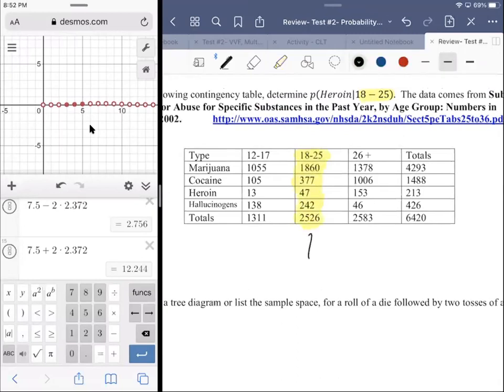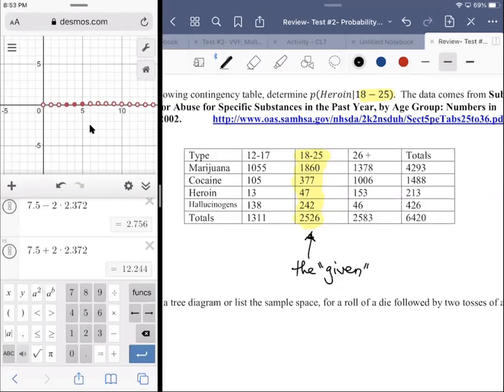This is the given. All right. So only from the set of 18 to 25 are we looking for the probability of heroin, whatever that means. In this case, it's a substance abuse specifically related to heroin.